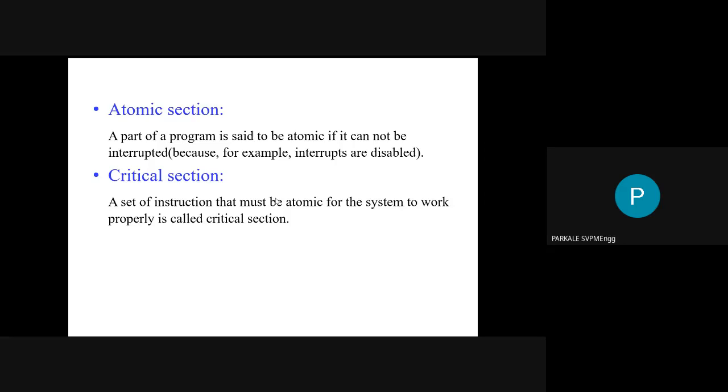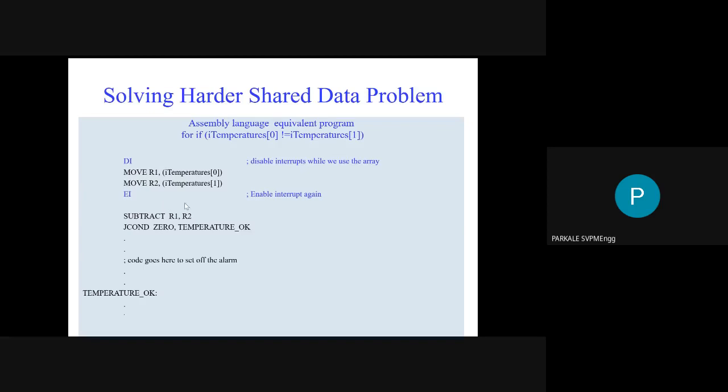Also, there is another concept we have seen: atomic section and critical section. So atomic section and critical section is nothing but the code or the instructions which are very critical for the success of your embedded system. So you have to safeguard these instructions. For example, here move R1 and R2 at temperature 0 and at temperature 1. These two instructions are very critical in terms of the successful implementation of your embedded system.